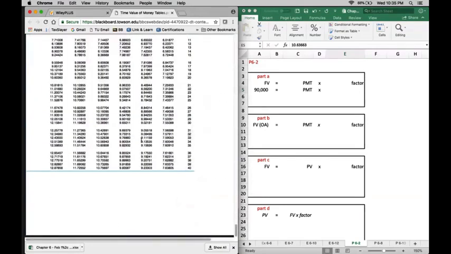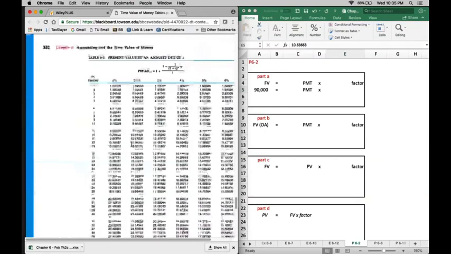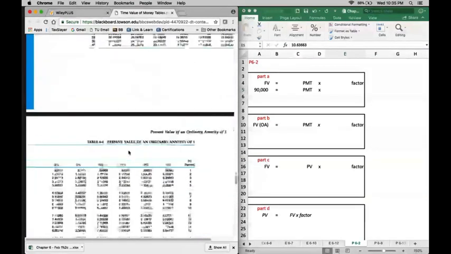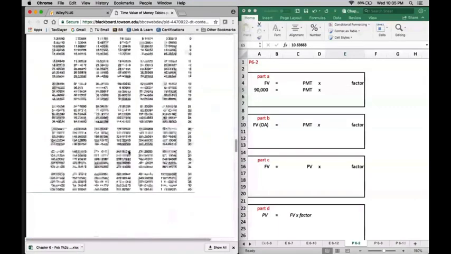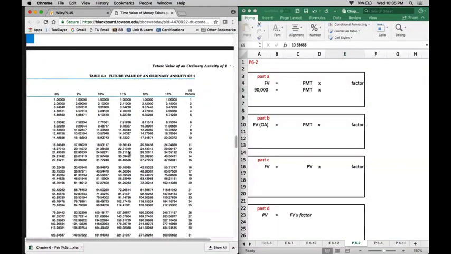We scroll down to table 6.3, future value of payments. I'm looking at 8% for 8 periods, future value of an ordinary annuity.